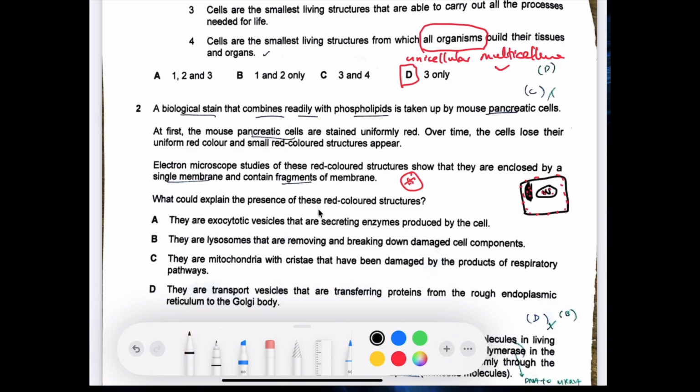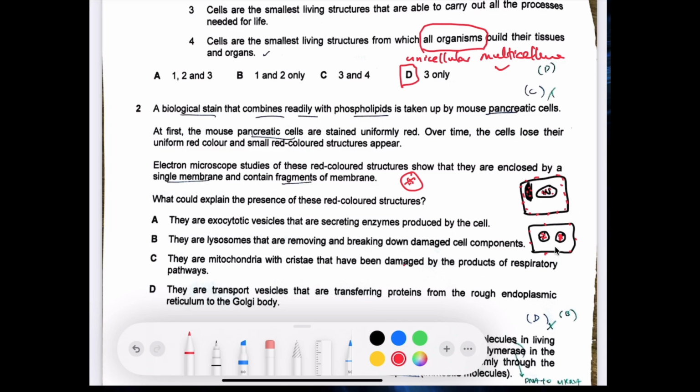After a while, inside shows red. So you still have the red outside, but now a lot of the red is more focused on certain single layer membrane structures. So inside the cell there are membranous organelles which pick up the stain. So this is autophagy.